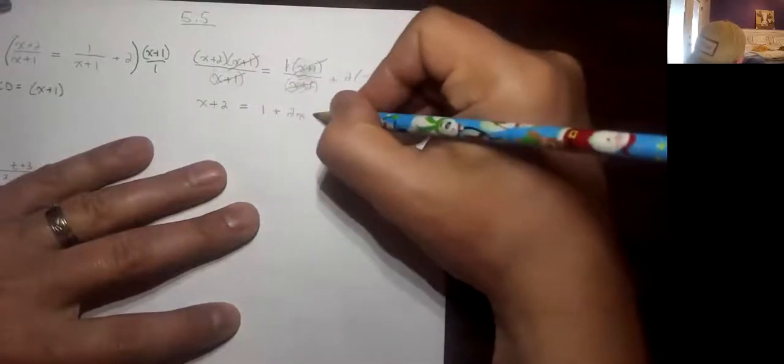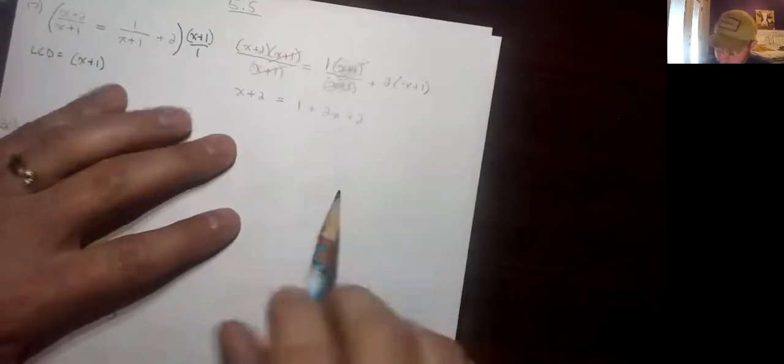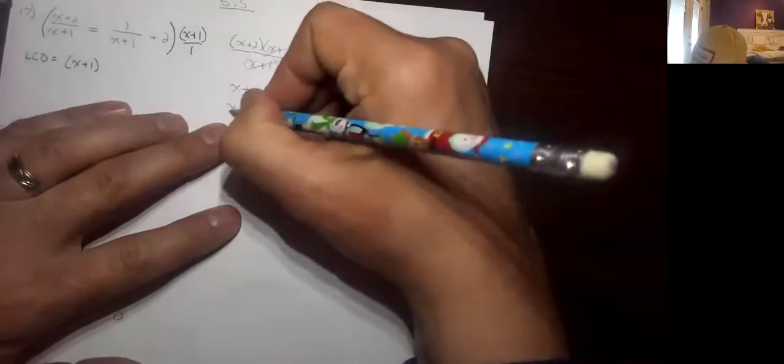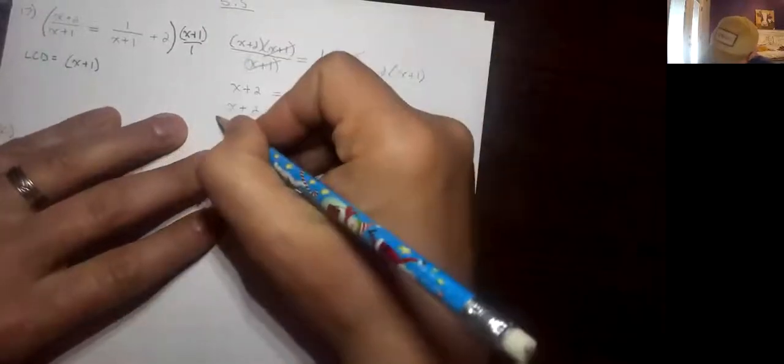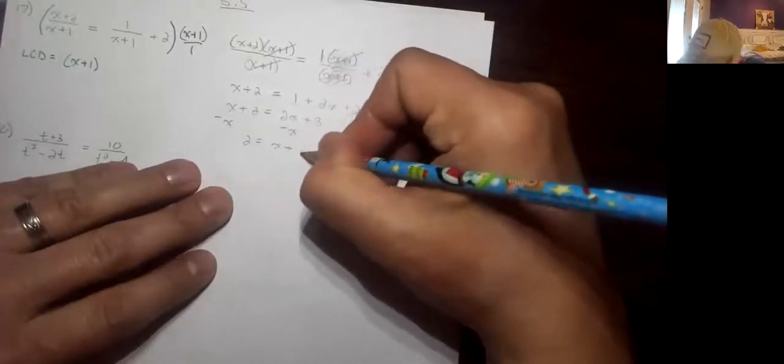So I'm going to go ahead and factor it out because I can solve at this point. I'll take one more step. What I have is 2x on this side. 1 plus 2 is 3. Now I am going to eliminate my x from the left simply because I want a positive.